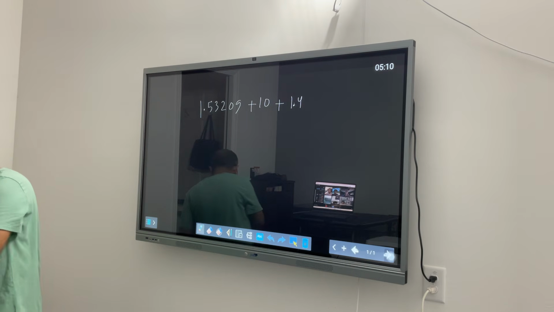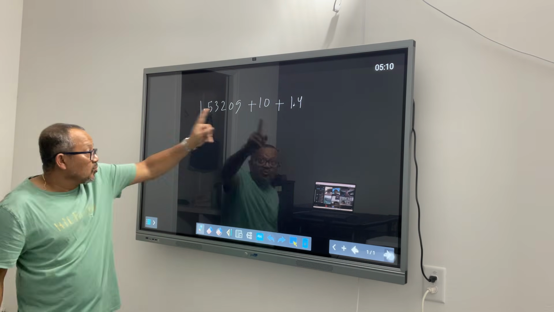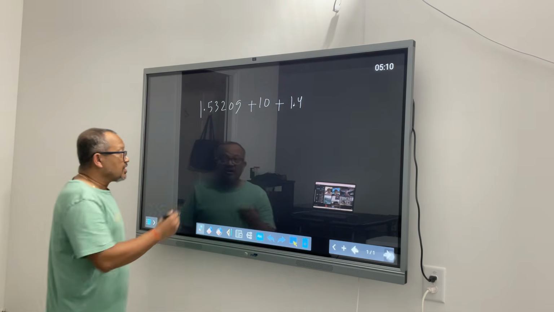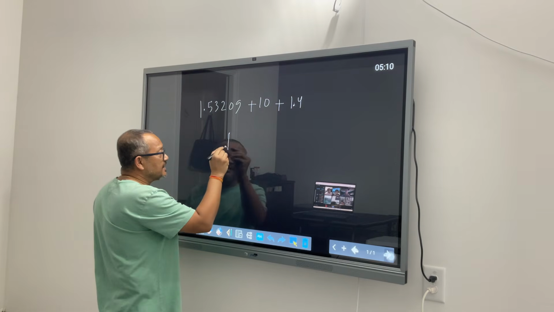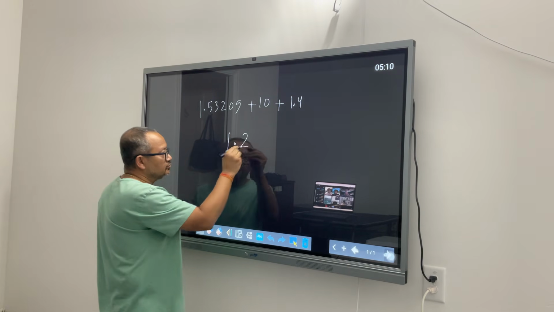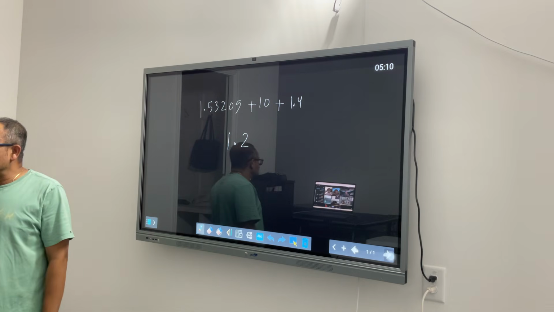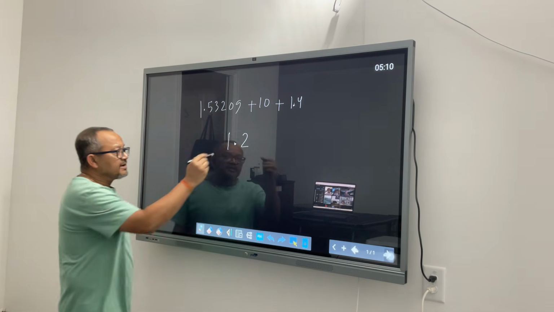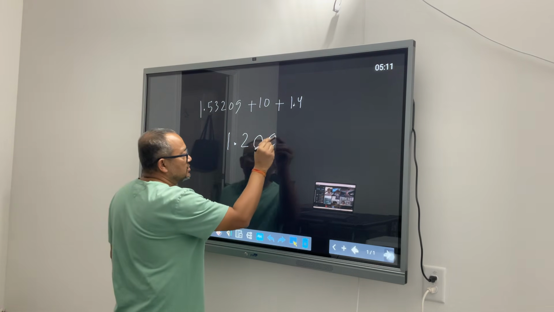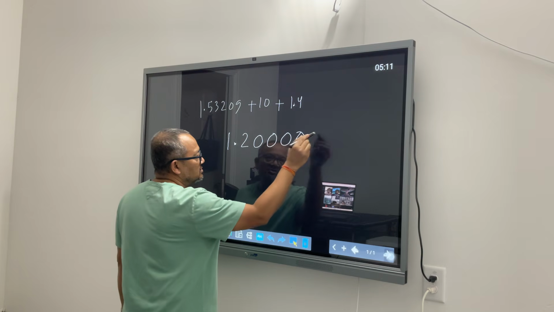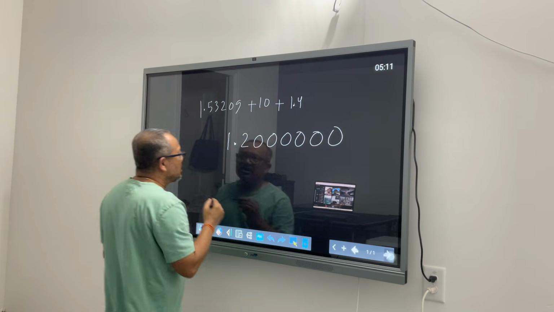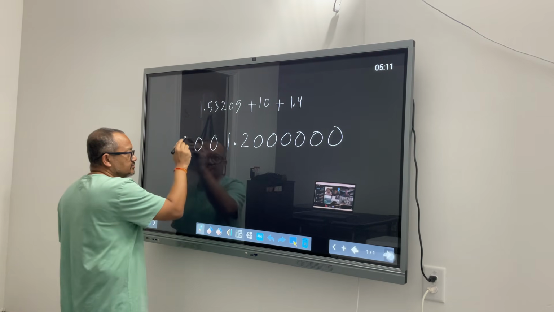What are those concepts? The concept says, if I have a decimal, let's say 1.2, I can put as many zeros as I want after this or before this also.